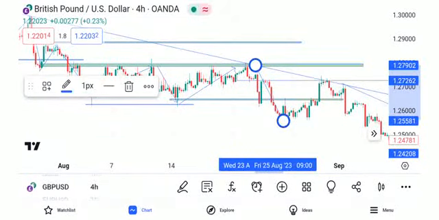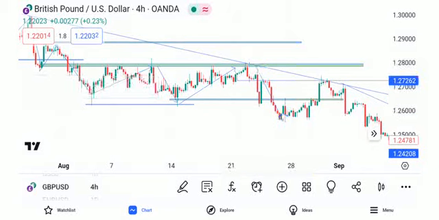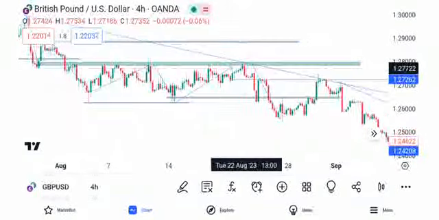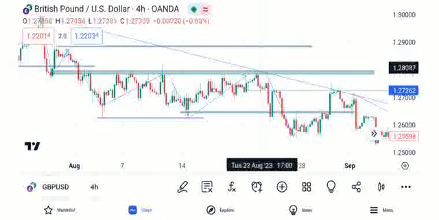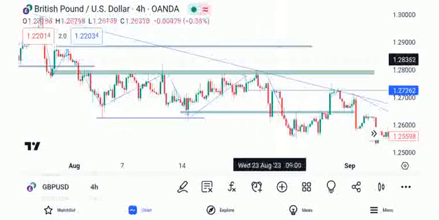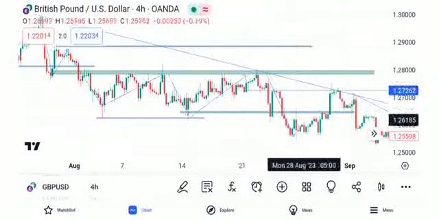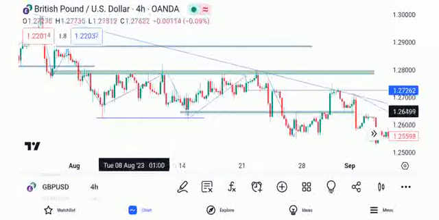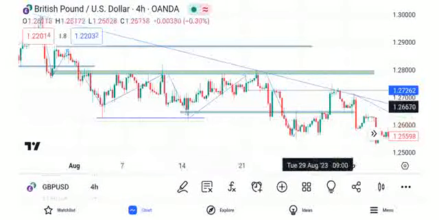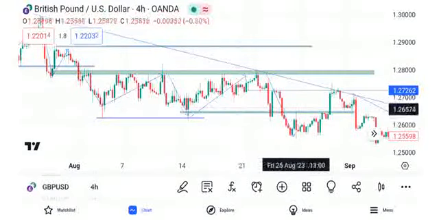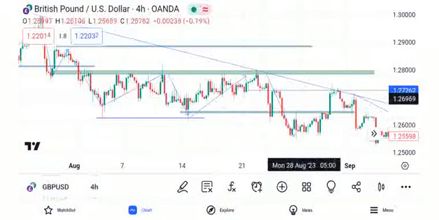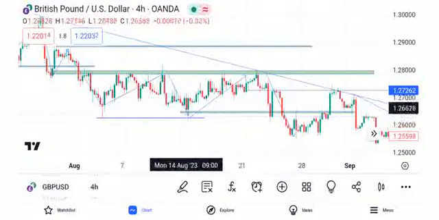Now, this lower high I'm talking about here is valid because the market breaks structure here, showing that it is still going to the downside. It breaks this lower low here.